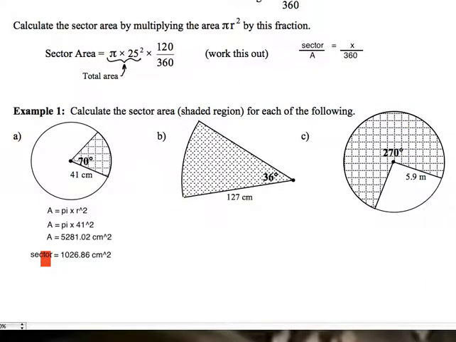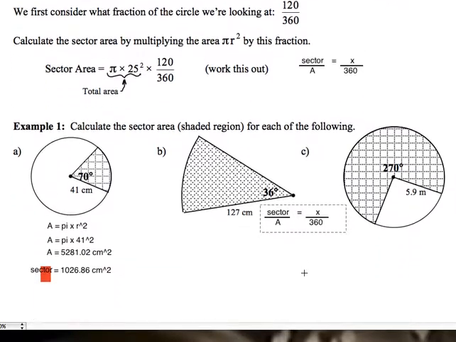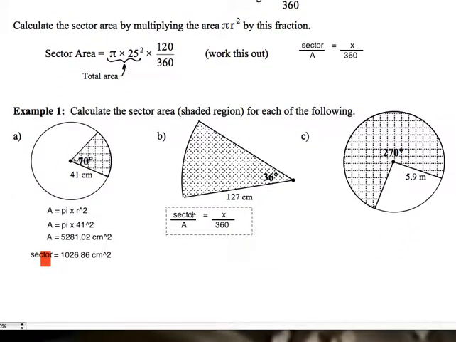So I can start off by writing out my formula here. Sector over area equals x over 360.